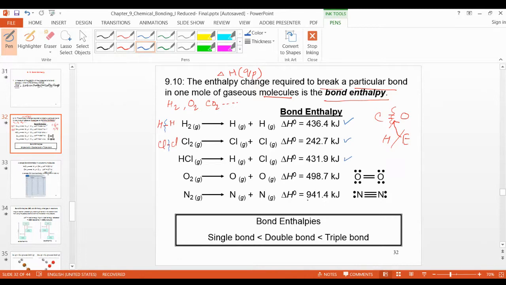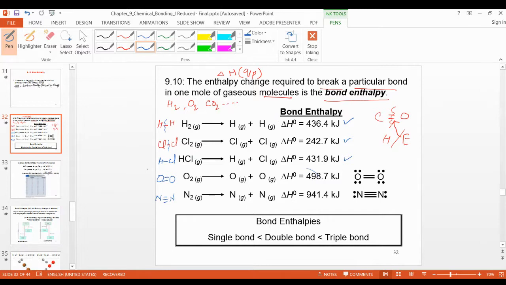These are the values given here. Then HCl, oxygen, which always has a double bond, and nitrogen always has a triple bond, remember that.